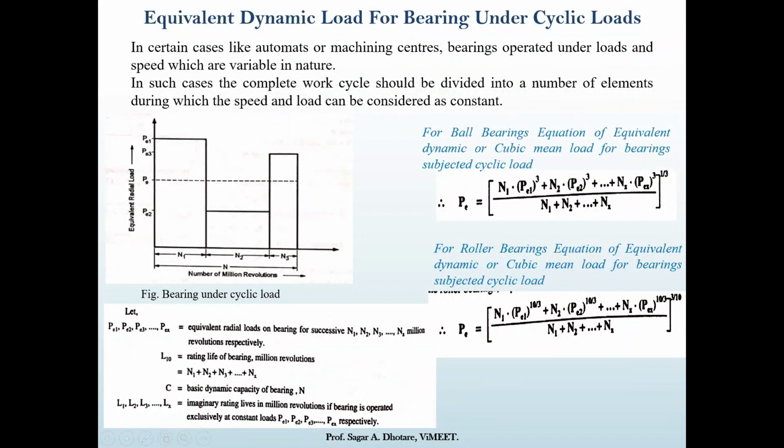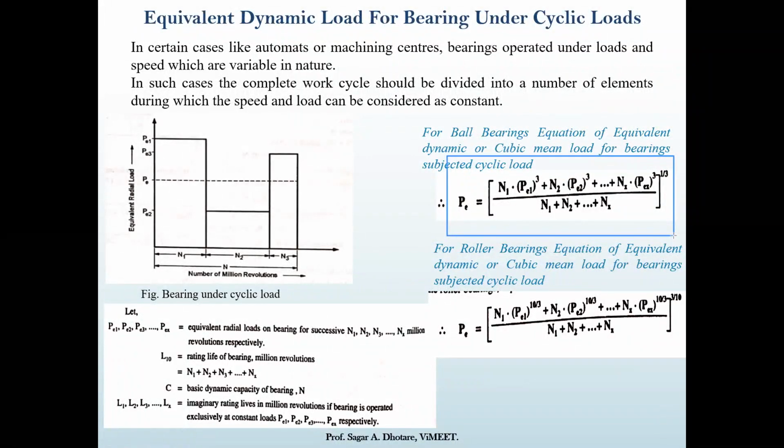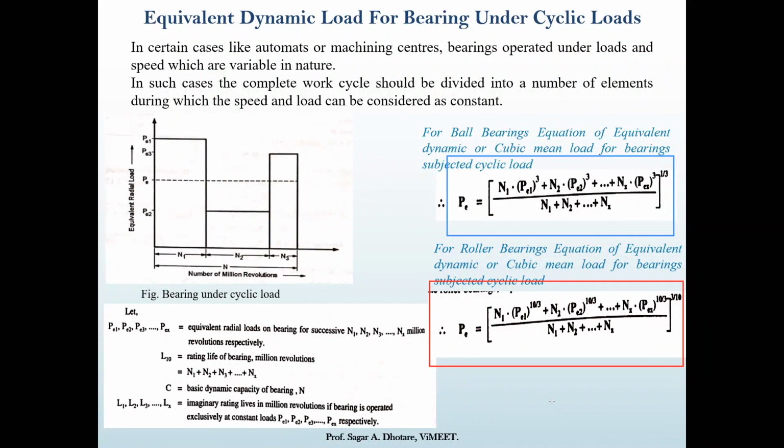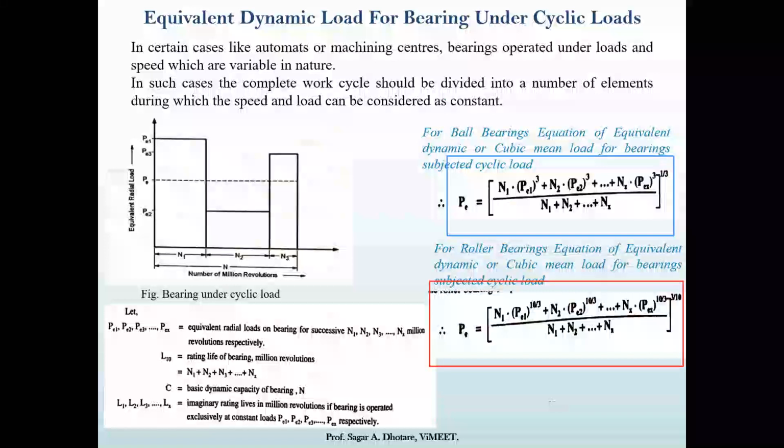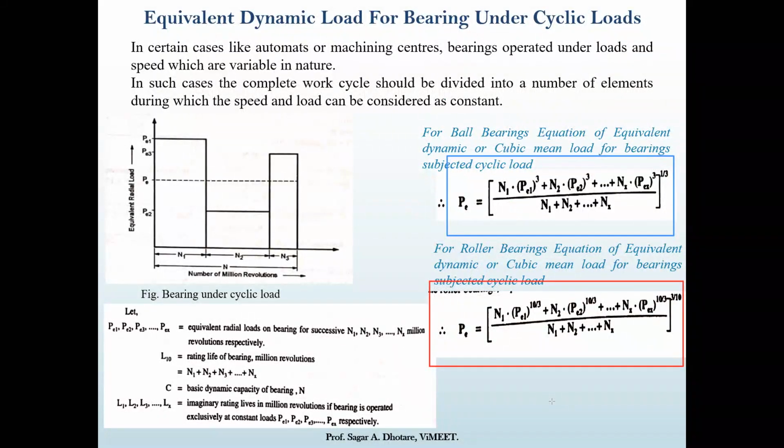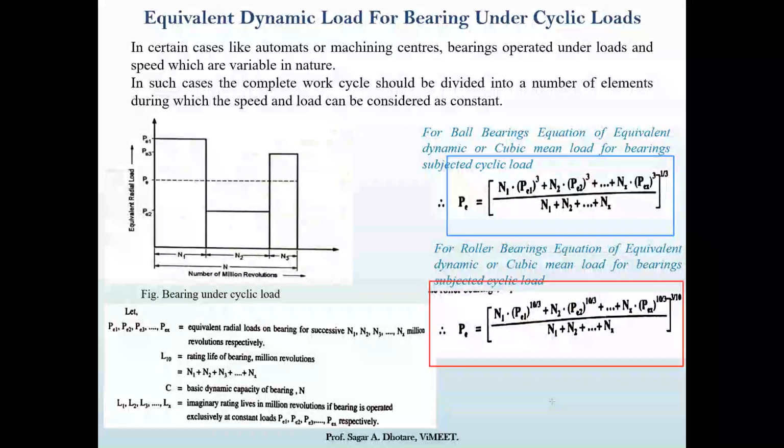There are two equations mentioned here. The first equation gives the equivalent dynamic load, or cubic mean load, for ball bearings subjected to cyclic load. The second equation gives the equivalent dynamic load, or cubic mean load, for roller type bearings, or rolling type of bearing.